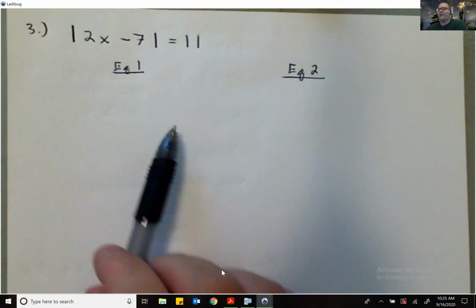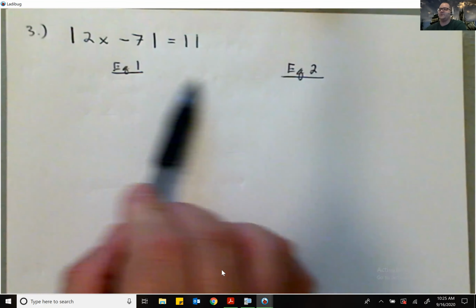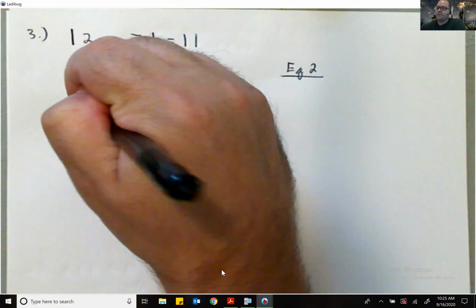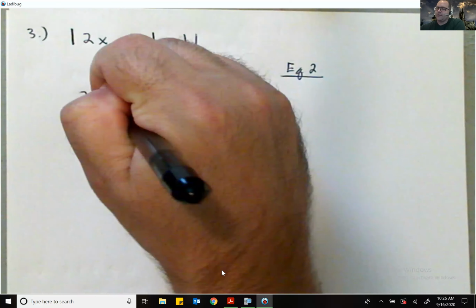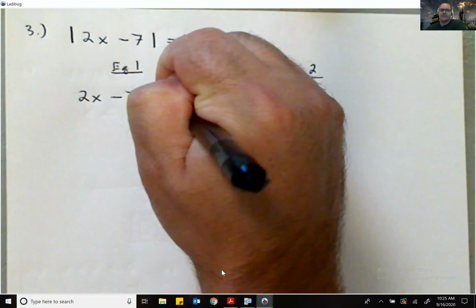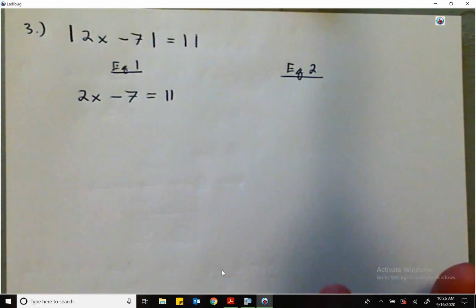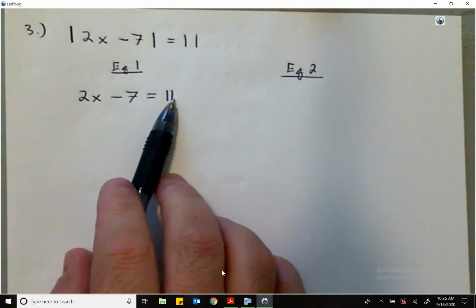What does equation 1 look like for this absolute value? You're just dropping the absolute value signs. Yeah, Kiki. So 2x minus 7 equal to 11. All you're going to do is drop those absolute value signs. Drop it like it's hot. See? Easy.